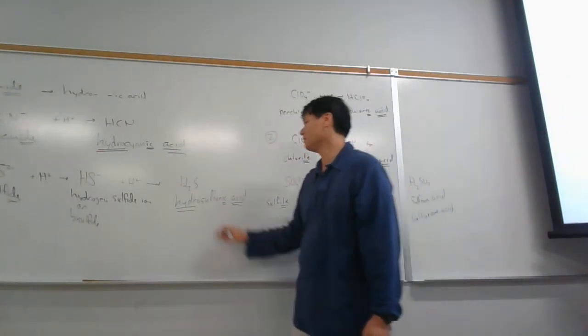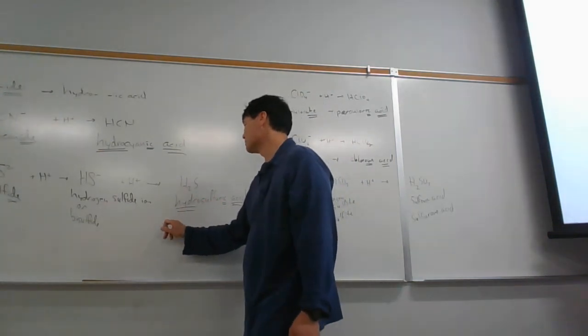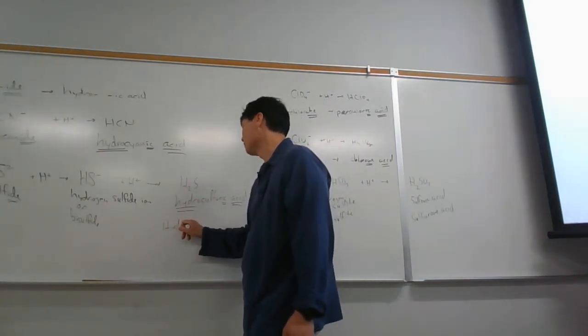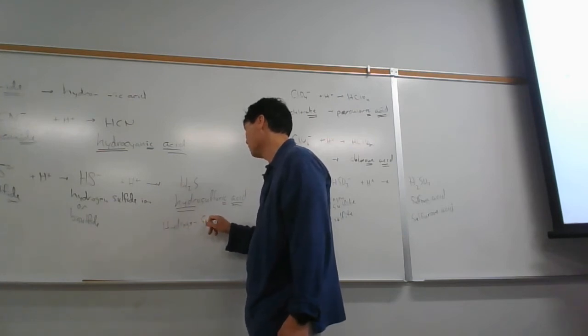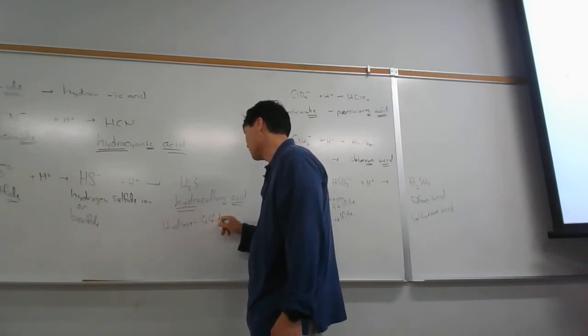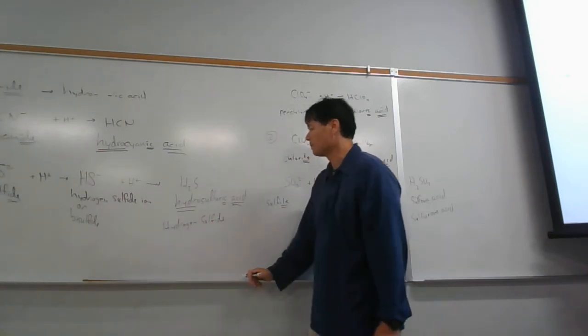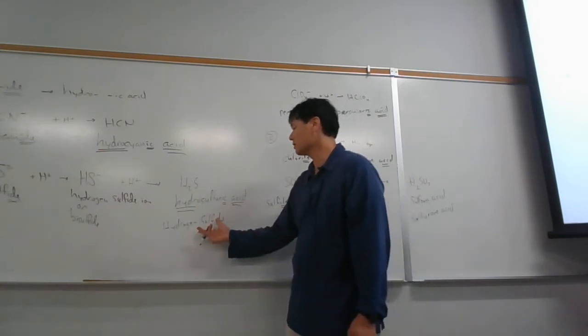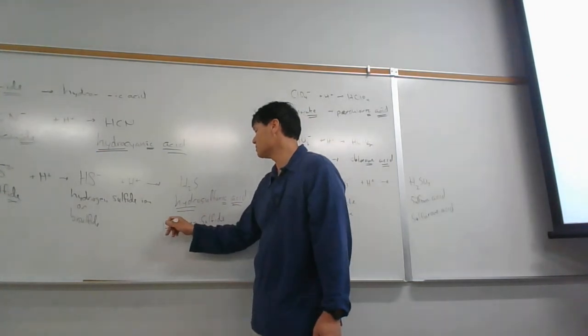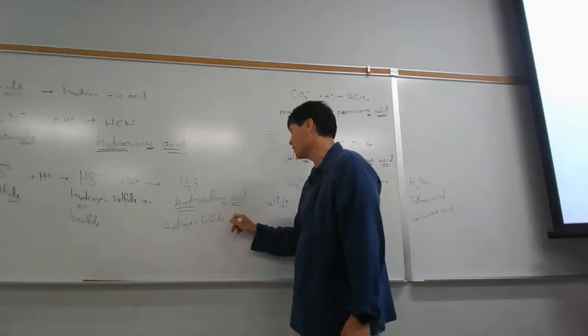But there's a common name for this. The common name for this is just hydrogen sulfide. A lot of people know hydrogen sulfide because it's the rotten egg gas. This stinks, and it's also toxic. So hydrogen sulfide, we're naming it as an ionic compound.